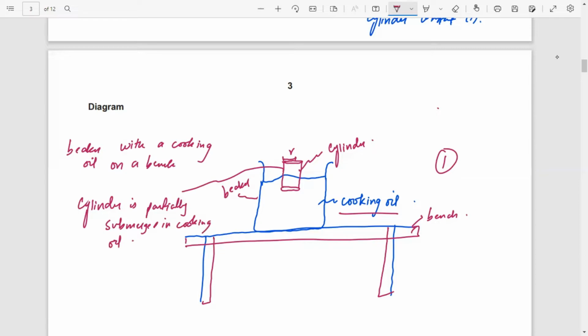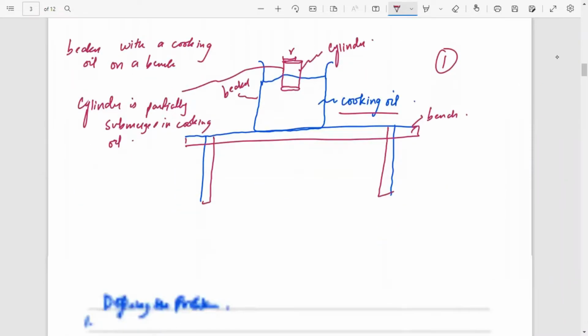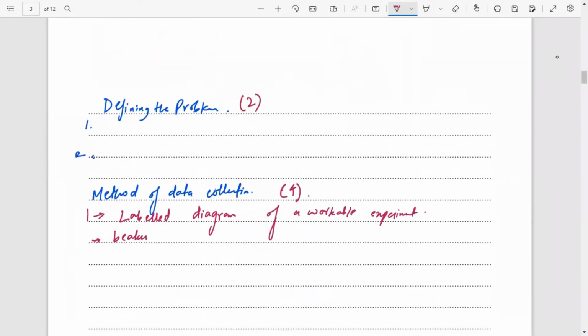You say that we will use a top pan balance to measure the mass of the cylinder. और additional detail में मैं आपको अभी बताता हूँ उसमें आप क्या क्या कर सकते हैं. So you'll write here that in the second part of the method of data collection, we will use a top pan balance.